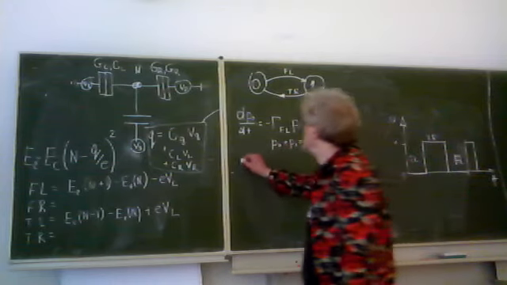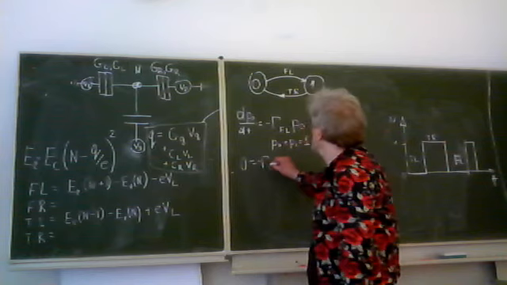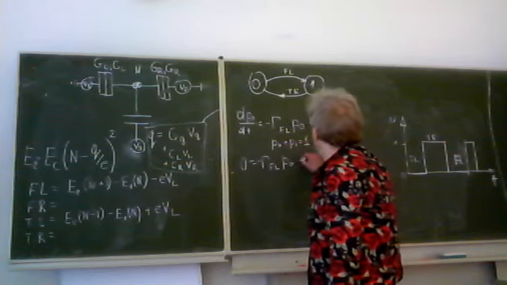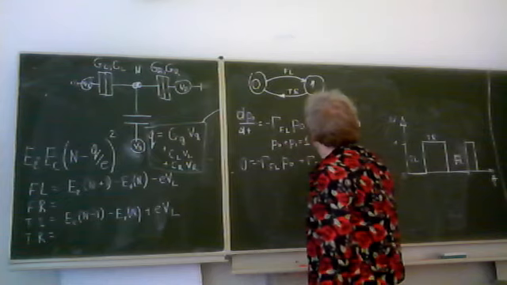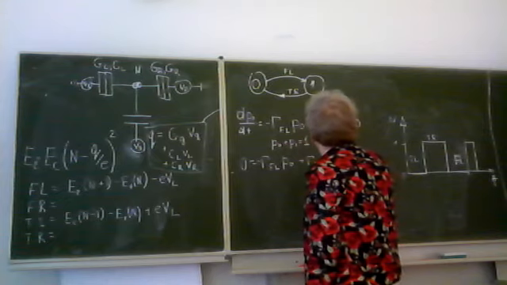Let me rewrite it. 0 is minus Γ_L P0 plus Γ_R P1, where P1 is 1 minus P0.